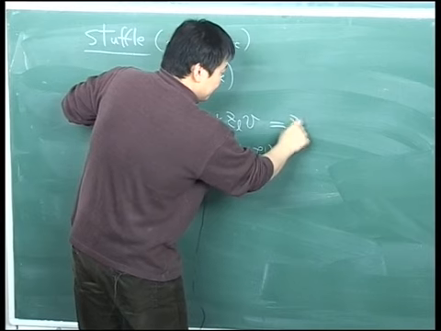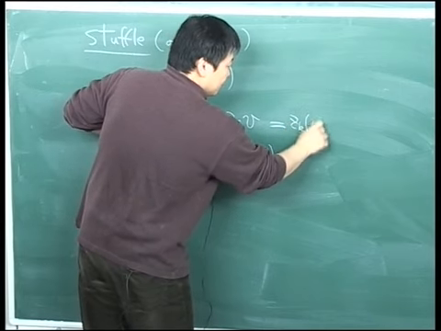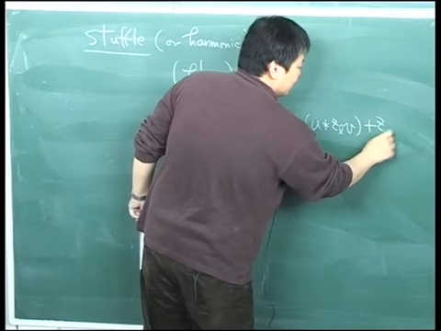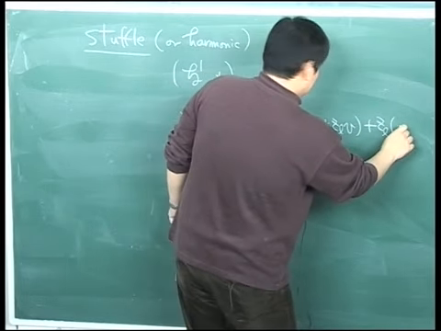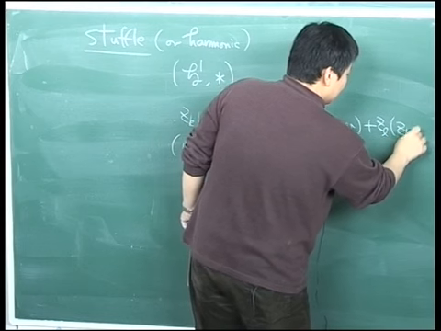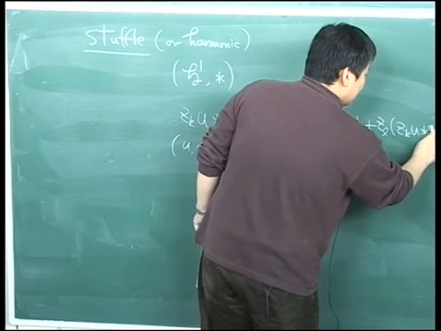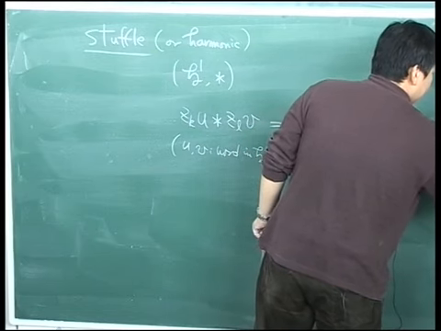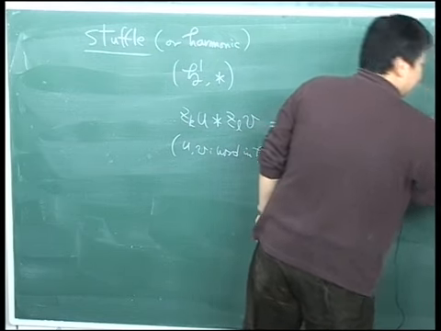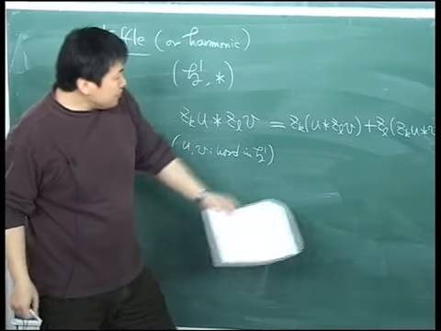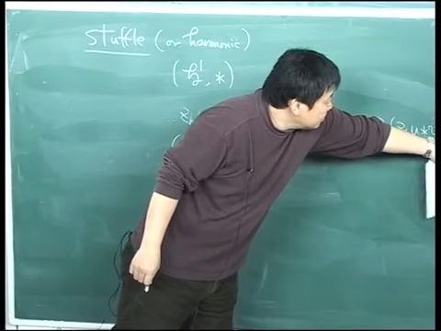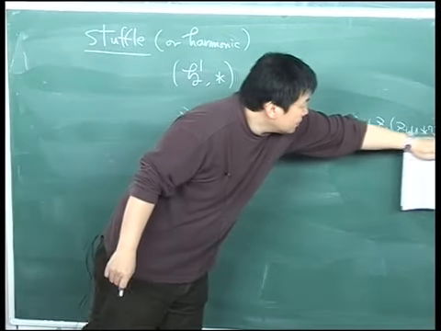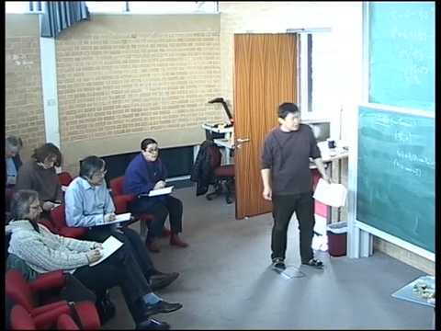This product is defined this way: z_k u times v plus z_k times the rest, plus one more term. If the third term is gone, then this is the usual shuffle product, but there is one extra term.